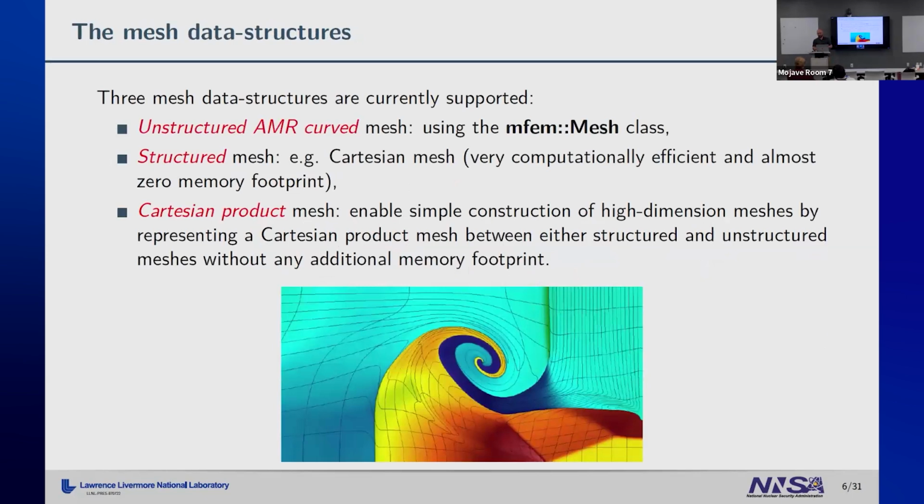So now I'm going to describe a little bit more the discretization approach, starting with the mesh: how we build the high dimension mesh in this project. The most basic building block, not so basic, is wrapping the MFEM mesh to have curved 1D, 2D, 3D meshes. Currently, we don't support AMR, but we're planning on supporting it fairly soon.